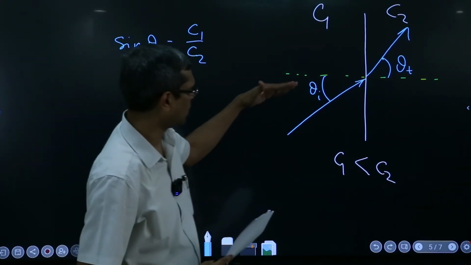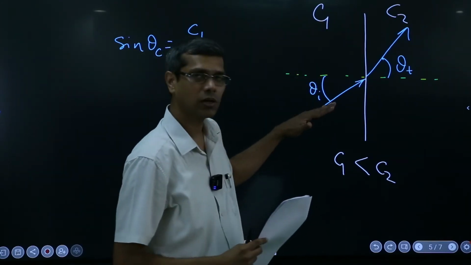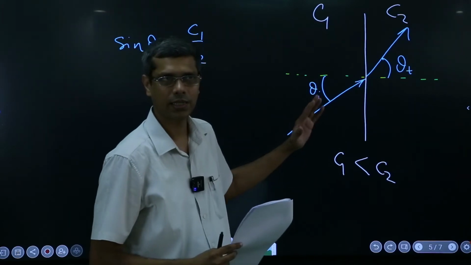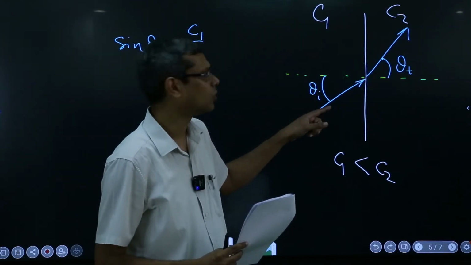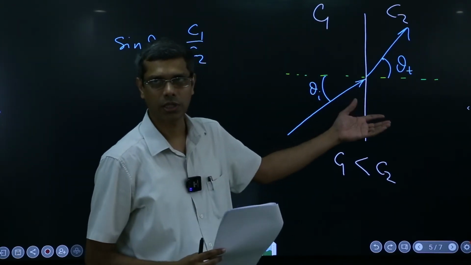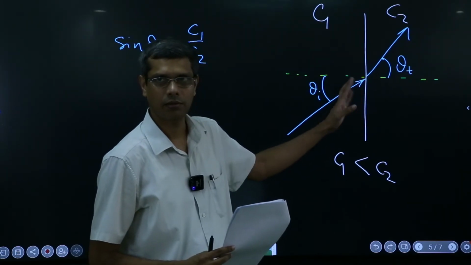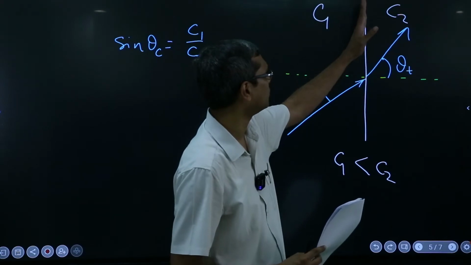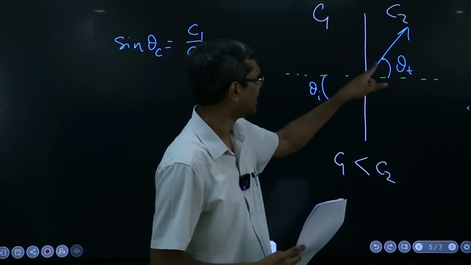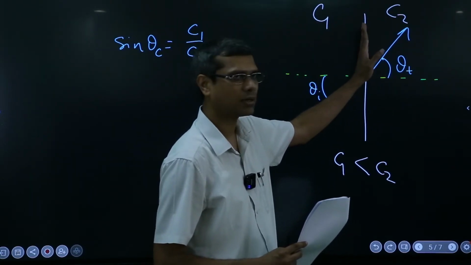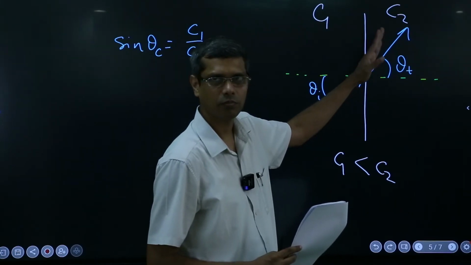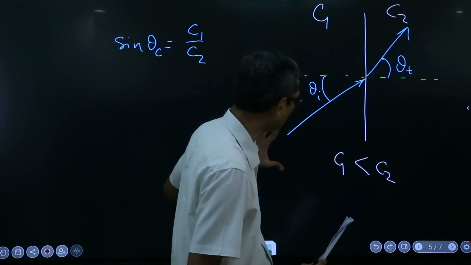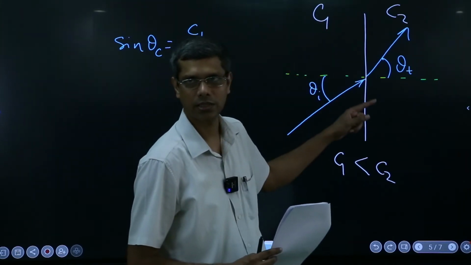If you go to that angle or beyond, what will happen physically? There will be no transmission, because all the waves are either going along the interface or coming back to this side, since theta t has reached 90 degrees. So your energy is completely reflected back under such conditions.